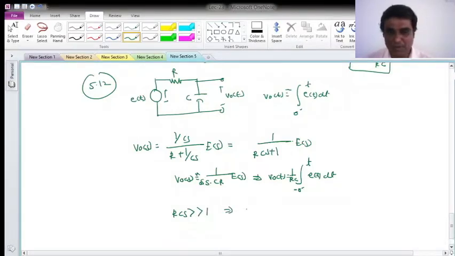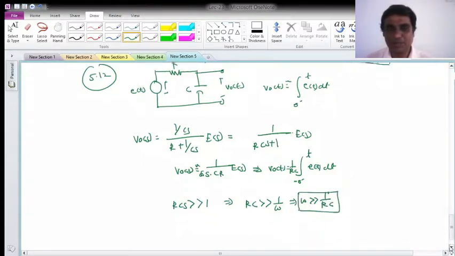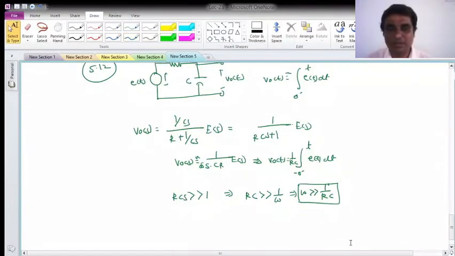So RC is greater than 1 over omega, which means omega is much greater than 1 by RC. This way you can show the requirement on the time constant for this RC circuit.